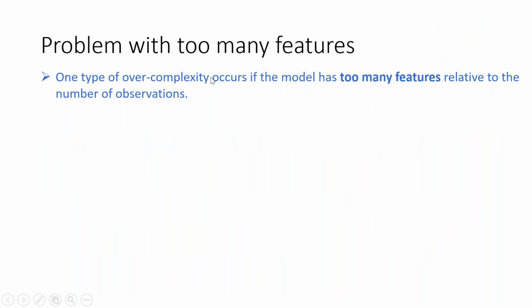One type of over-complexity occurs if the model has too many features relative to the number of observations. Too many features, too few observations, then it's a problem. Take an extreme example with simple linear regression.